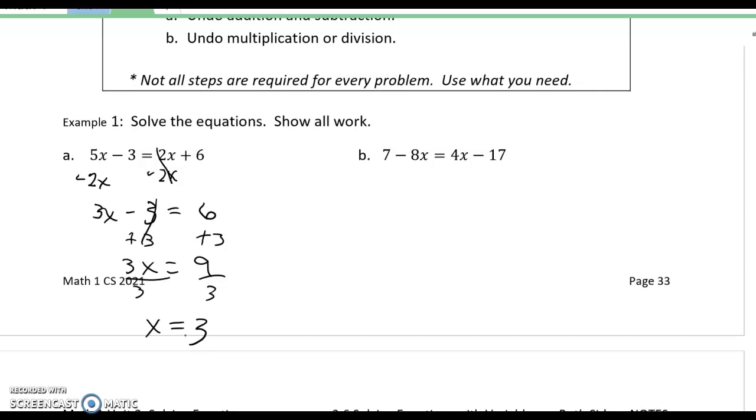Part B. Again, we see variables on opposite sides of the equal sign, so we need to bring it all to one side. Maybe here we'll bring the variable off to the right. So I will get rid of this 8x that's on the left by adding it to both sides.